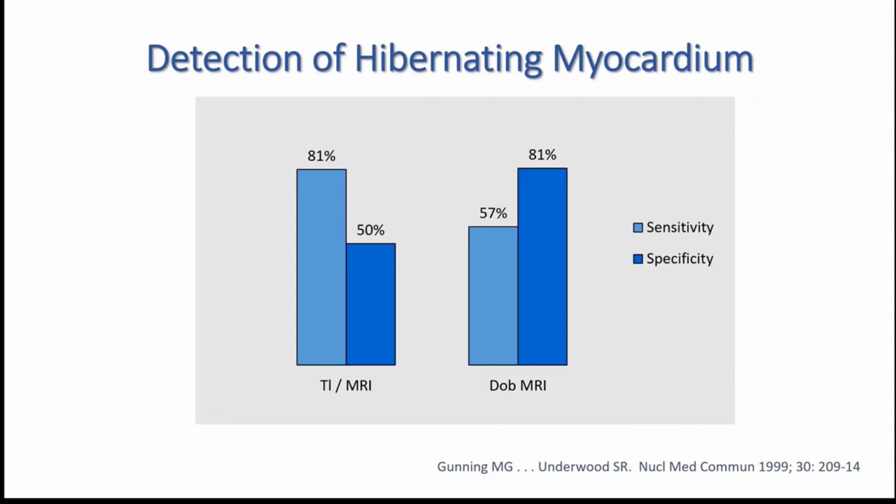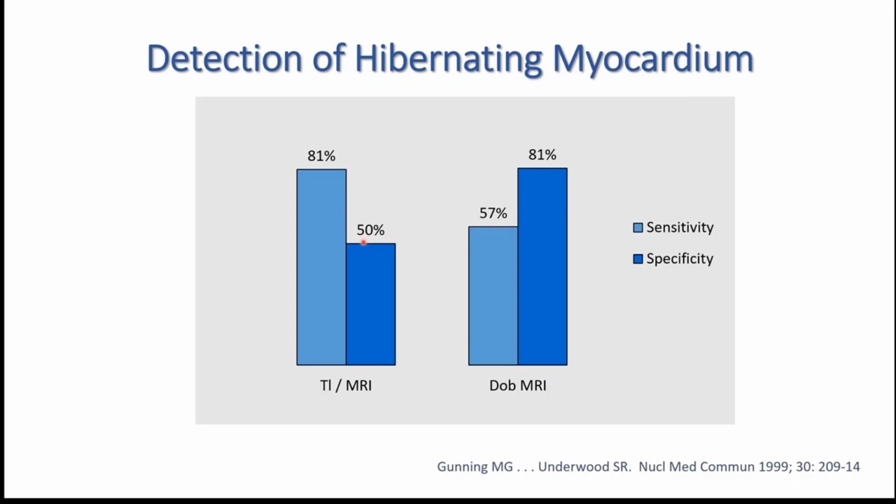This was dobutamine MRI for function, but this is the sort of stress echo or stress MRI way of looking for viability, and the gold standard was a recovery after revascularization. And so these techniques were specific but not very sensitive, whereas the nuclear technique we found initially to be highly sensitive but not very specific.